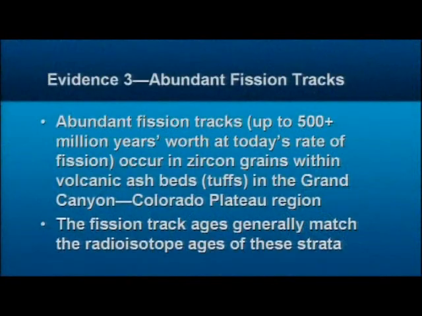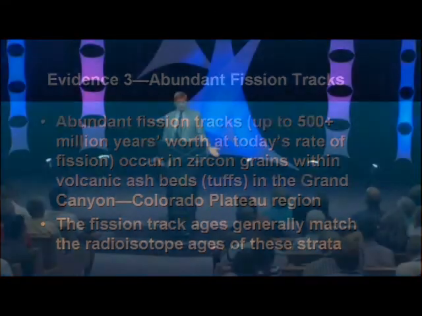And that's at the bottom of the flood sequence. Now that makes sense. We know that therefore there's abundant evidence of nuclear decay during the time these rock layers were formed in the Grand Canyon, Colorado region, up to 500 million years worth. And it matches the supposed ages of these rocks. In other words, they're in the right relative order.